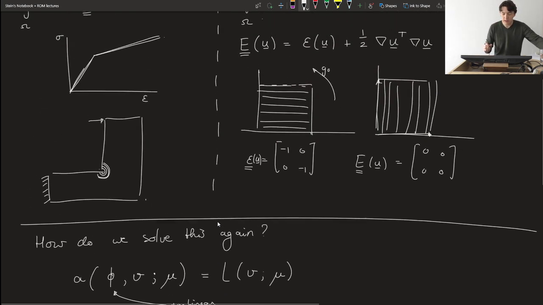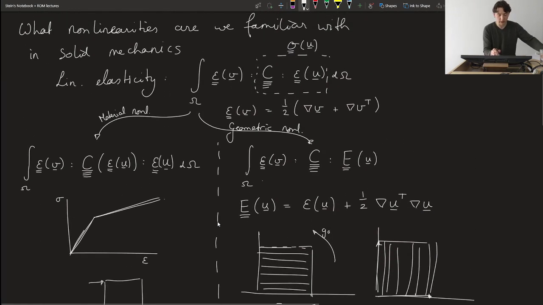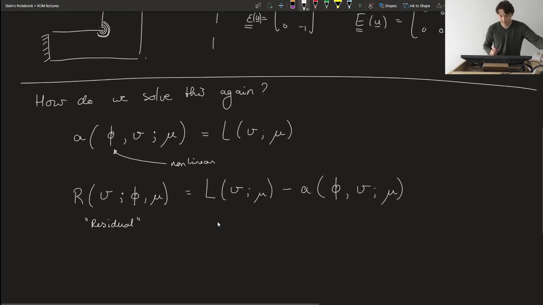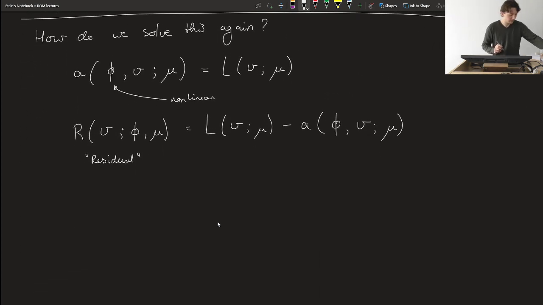So I also said, even for our nonlinear equations, we always have a linear dependence on a test function. So this is really only a seemingly small change of notation. We'll actually see that this is somewhat important later on.